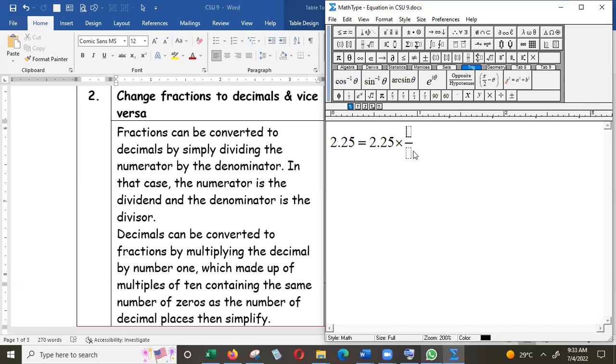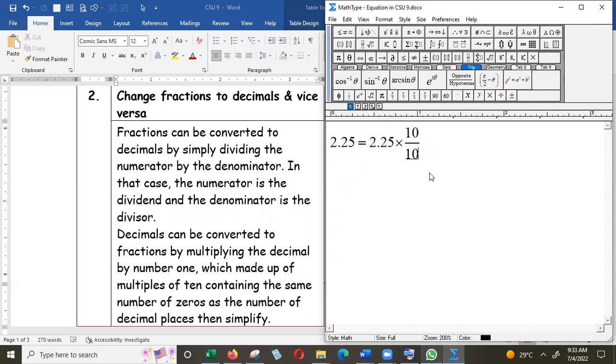Now there are a million different ways to represent the number 1. Number 1 could be written as just a simple 1. 1 over 1 is 1. 1 divided by 1 is 1. 10 divided by 10 is 1. So if I multiply 2.25 by 10 over 10, I am multiplying 2.25 by 1.